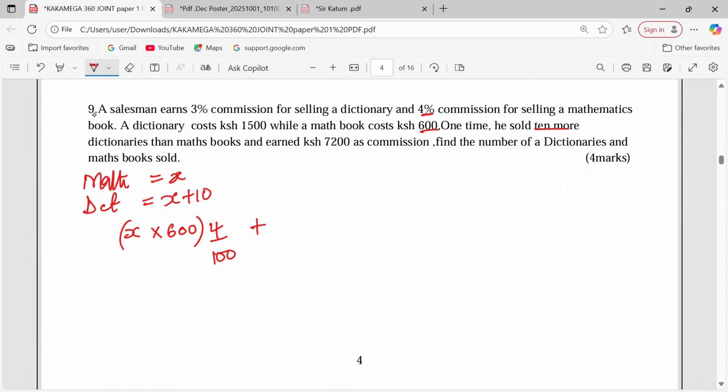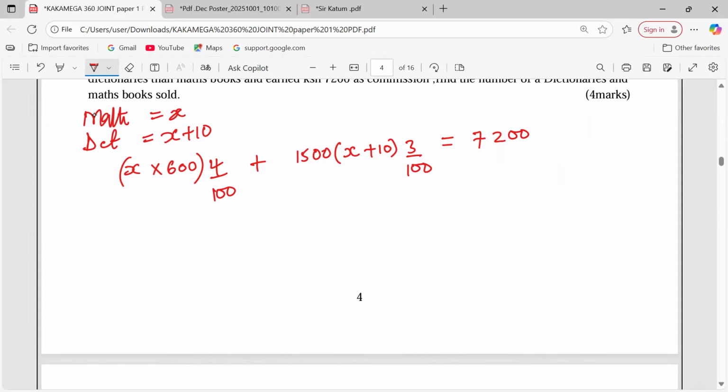Then there was another sale of, 1,500 is for a dictionary, and dictionaries are X plus 10. And now from the sale of this, there'll be 3% commission. Then all this shall give us 7,200. So let's get the number of each.